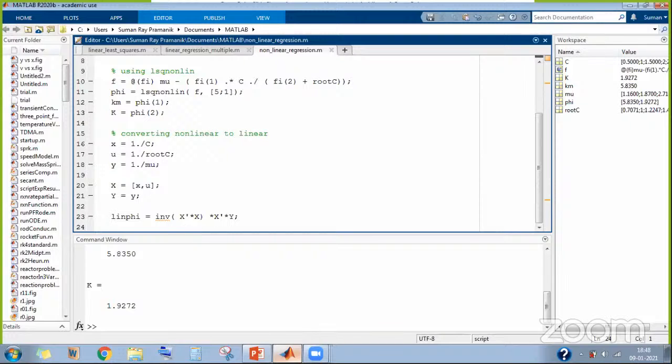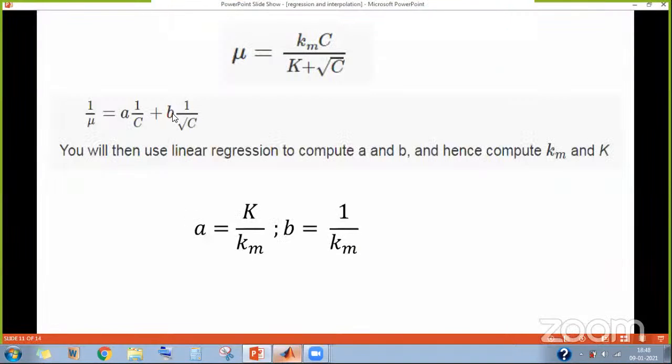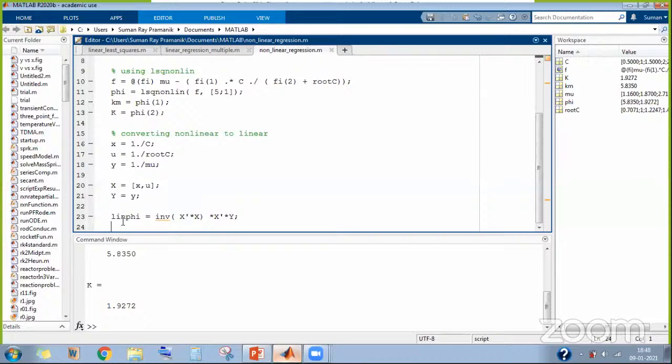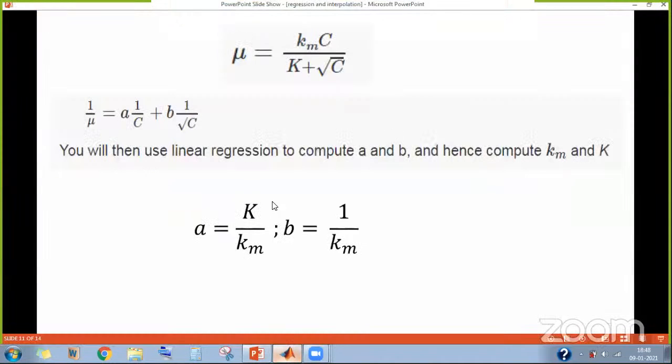As you can see, b will be the second element of this ln phi. And for getting km, we have to do 1 by this b.